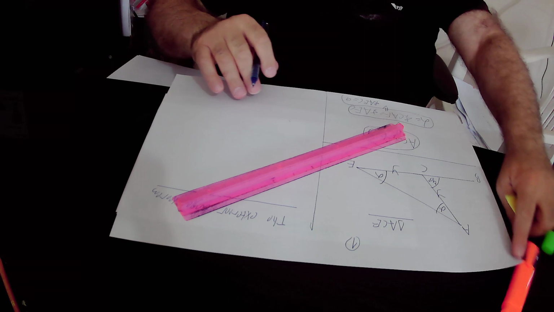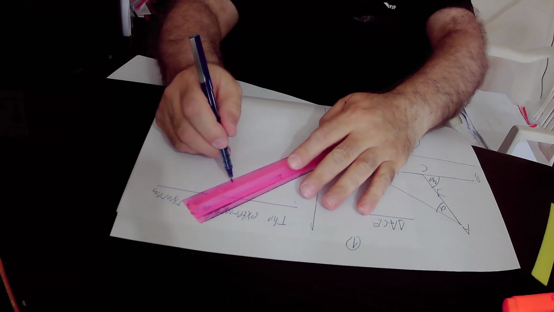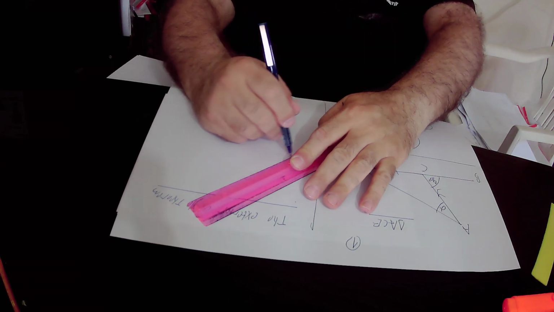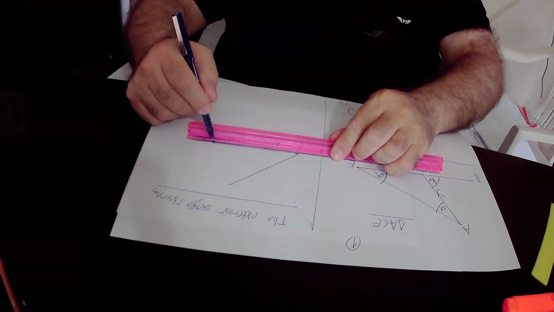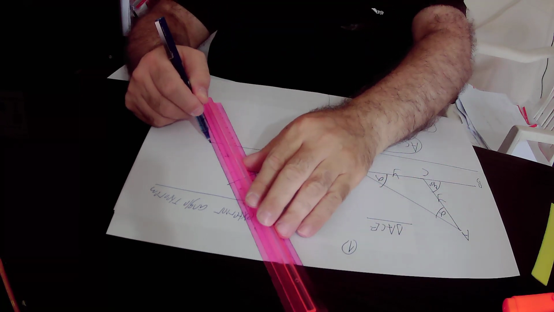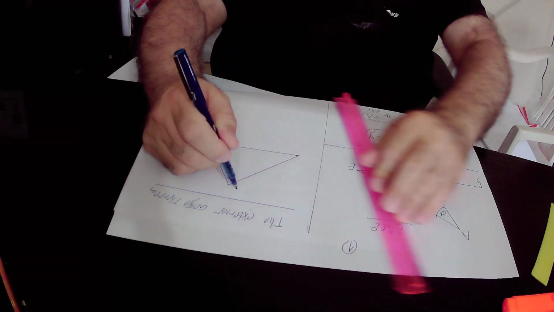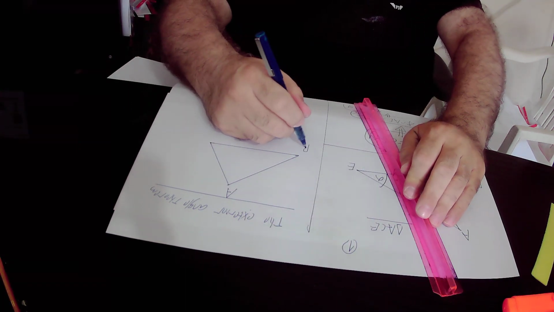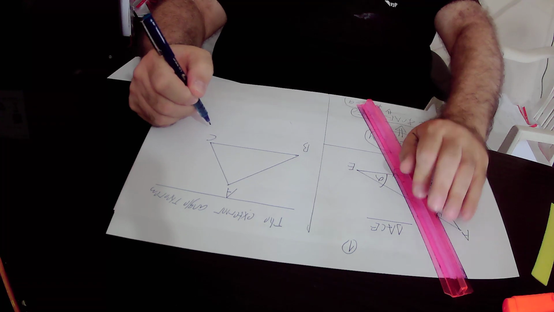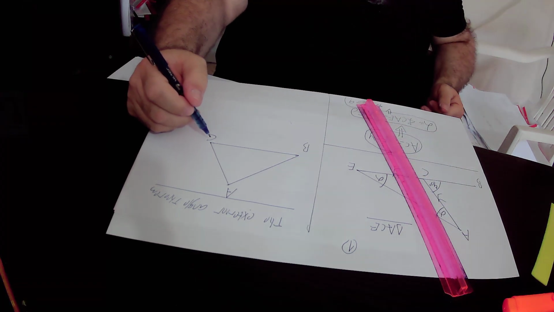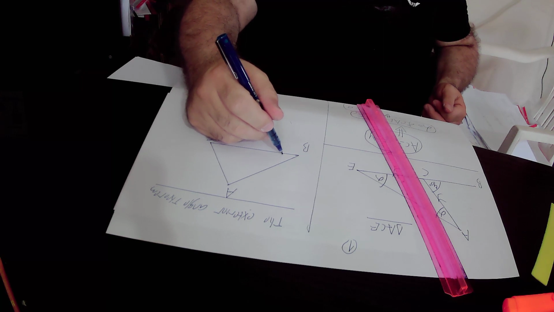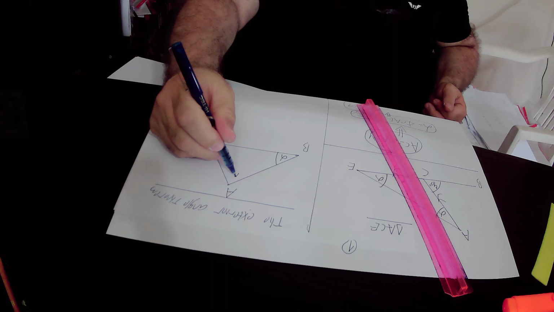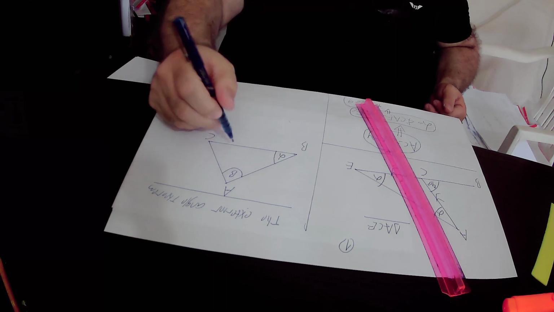So here we have triangle ABC that could be any triangle. Triangle ABC has three angles. This is angle alpha, this is angle beta, and this is angle gamma.